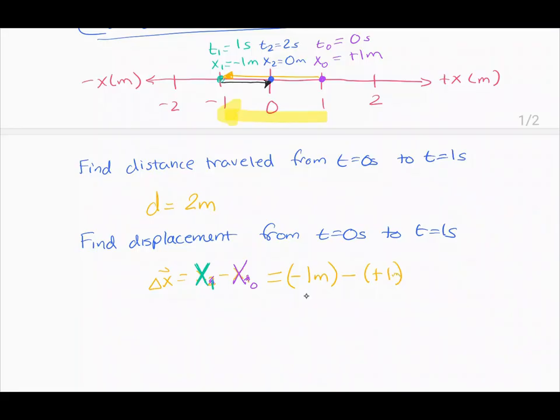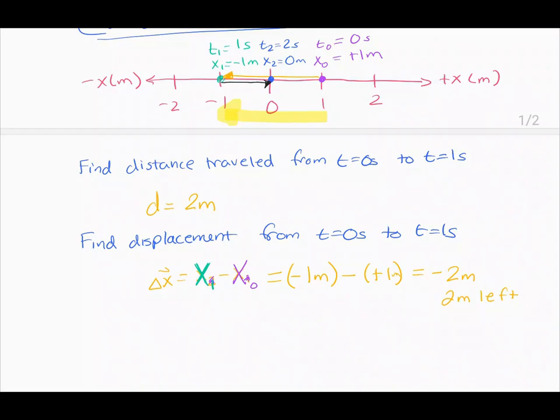And I do -1 minus a +1 is a -2 meters. Or I could write that as 2 meters to the left. So I can see that since I went in a straight line to the left, my distance was 2 meters, and then my displacement was a -2 meters. So that kind of makes sense because I've just really added a direction on.